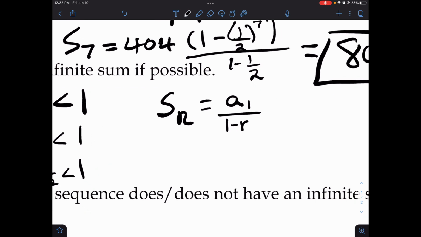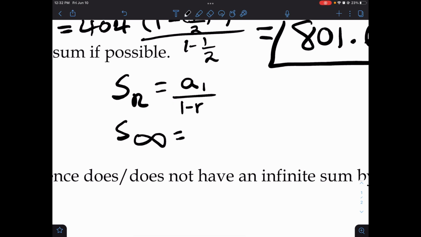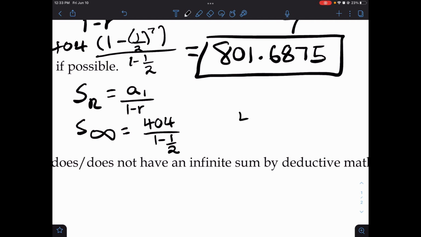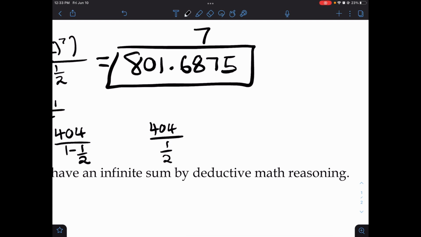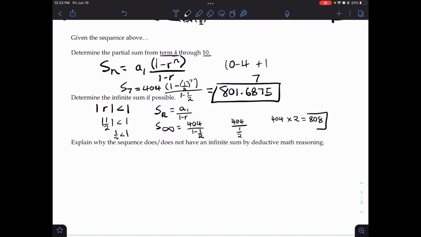So S of infinity, because you're finding the infinite sum, is a1, which is 404, over 1 minus 1/2, meaning our infinite sum will be 404 divided by 1/2, or in other terms, 404 multiplied by 2, which is 808. And that will be our infinite sum.